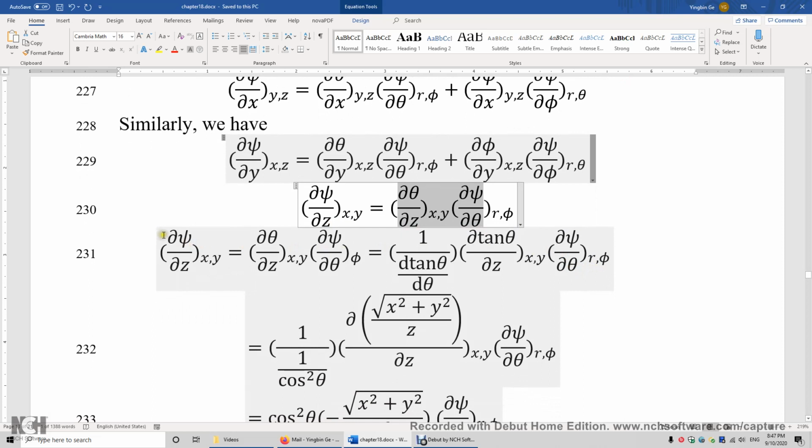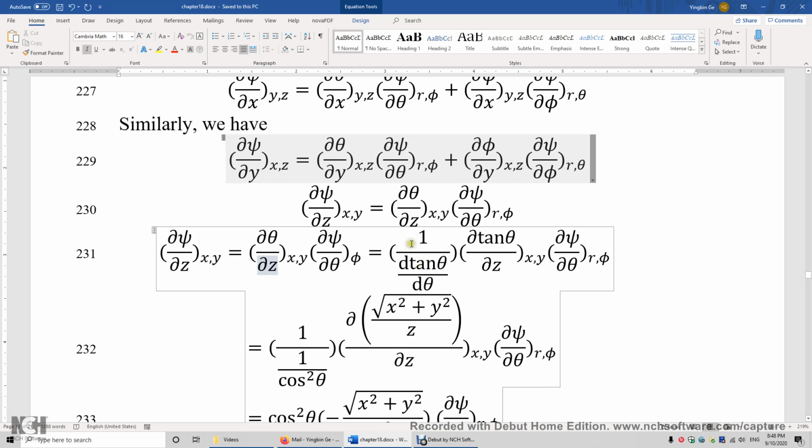Now let's evaluate delta psi over delta z, because this one is the easiest. Now we'll just do some mathematical trick here. This is delta theta over delta z. I changed this to delta tangent theta over delta z times delta theta over delta tangent theta.